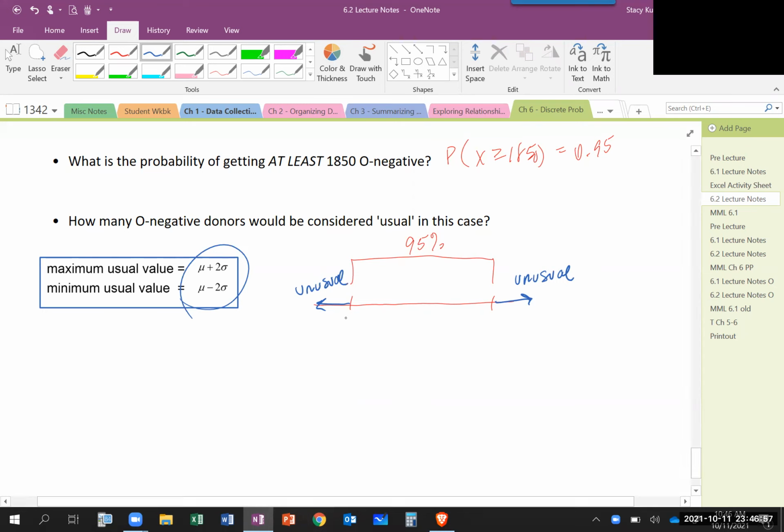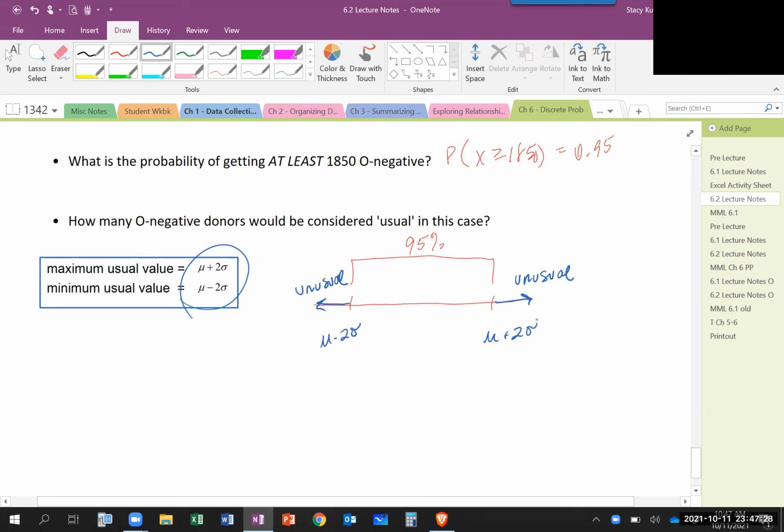So this cutoff point to the left is going to be mu minus 2 standard deviations, and this cutoff to the right is going to be mu plus 2 standard deviations. In context to this problem, how do I know what that boundary is? How do I know what I can expect 95% of the time in a sampling of 32,000?